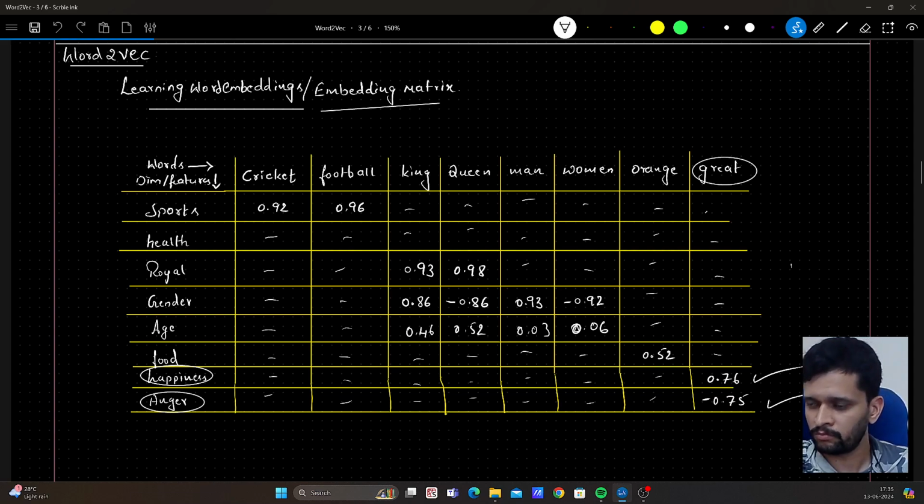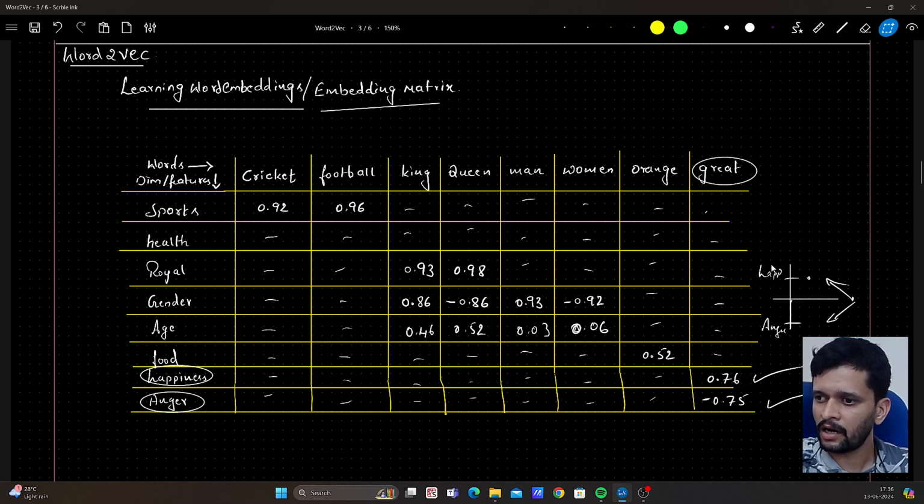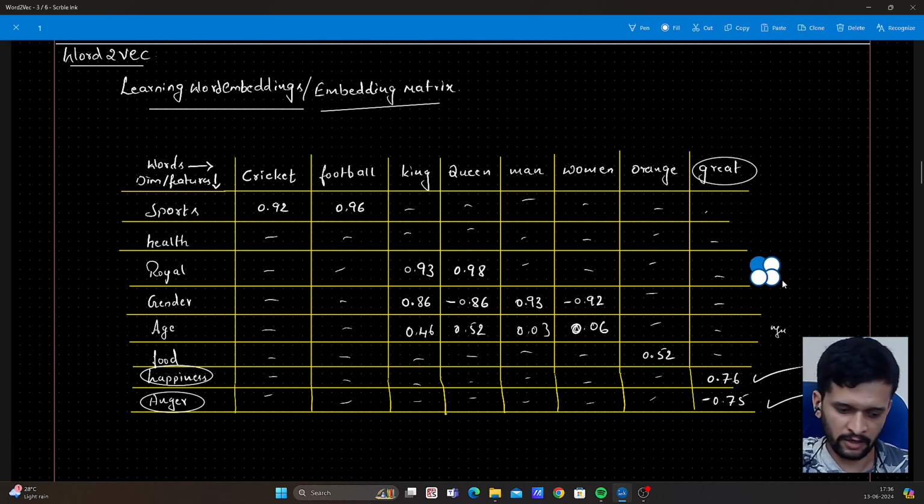If you draw this in a 2D space, here is happiness, anger will be somewhere here, and great will be mapped to these two values. This is how we try to learn the associations with the meanings for the words. Hope it is clear till now.